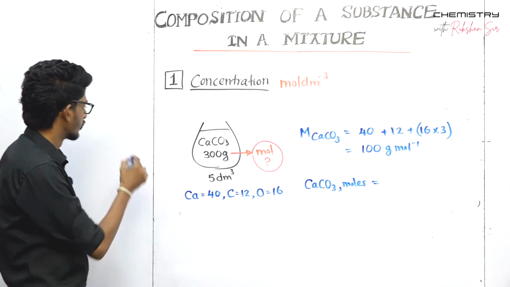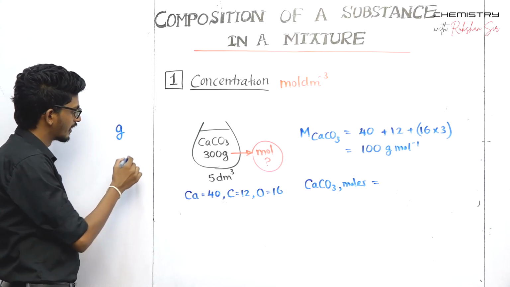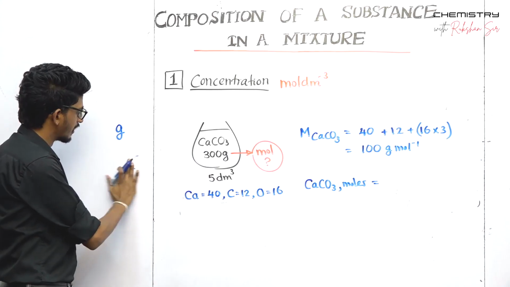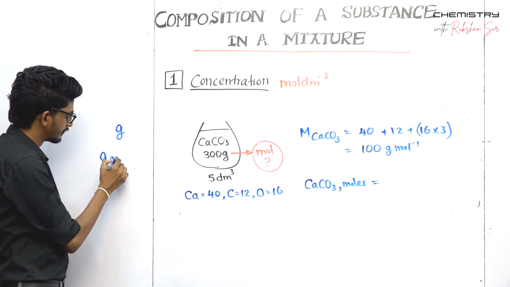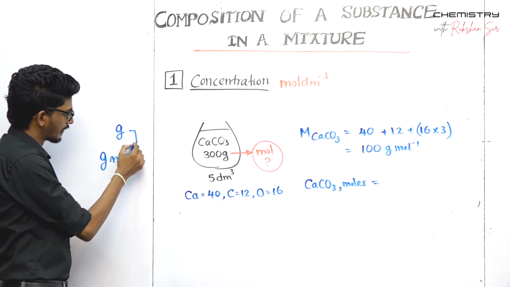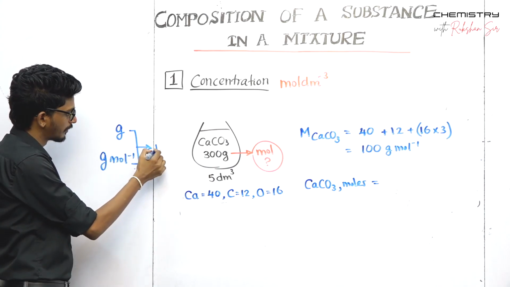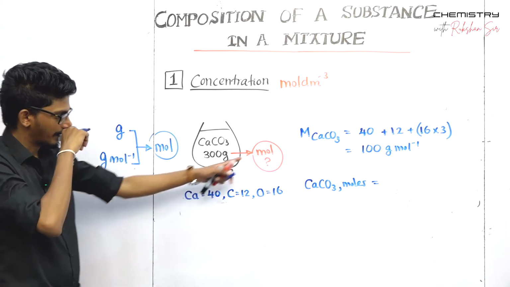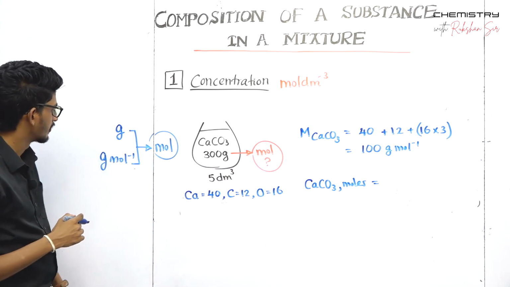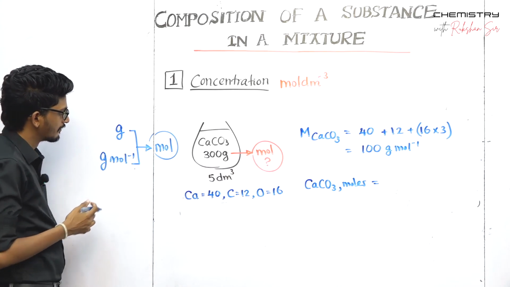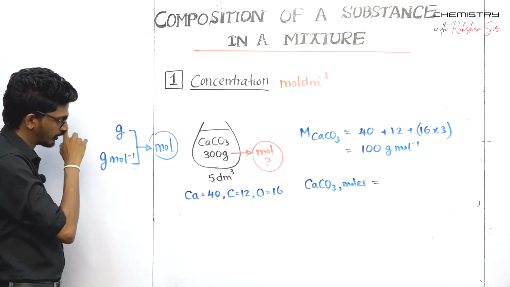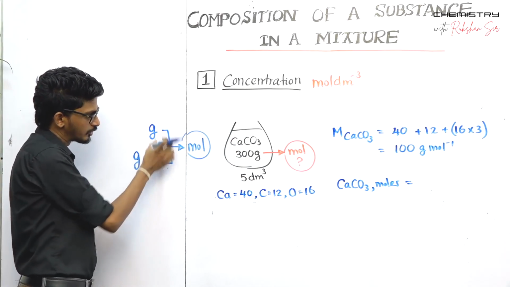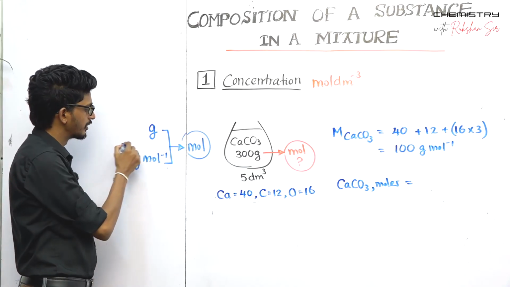You have a g value and a g mol^-1 value, and with these two you are supposed to come up with a mole value. That is our ultimate requirement. So we have to cancel off the g value, so a division should be done, and mole should come to the top.